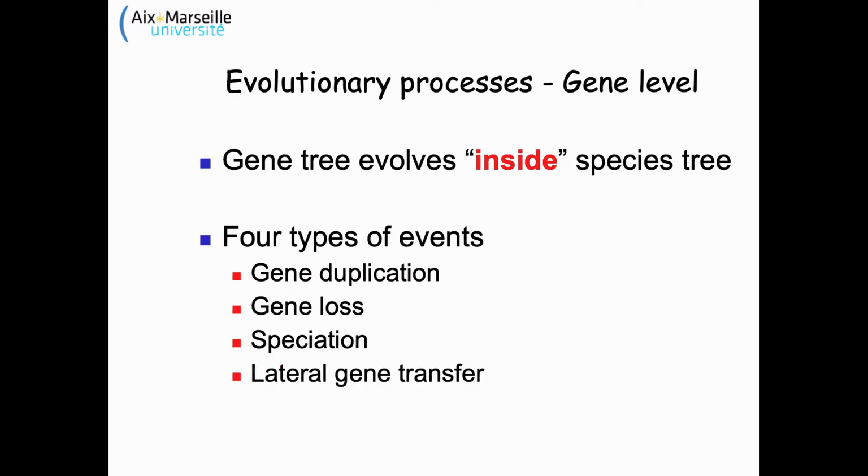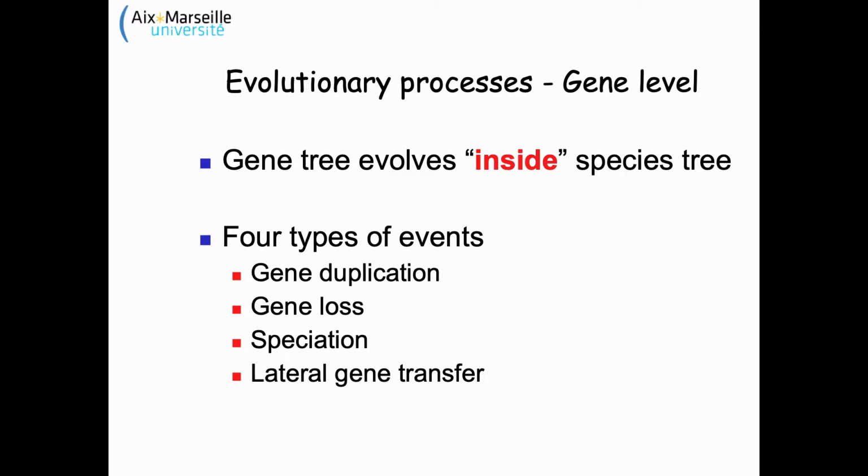And then inside the species tree, the gene tree evolves. Is it clear for everyone? You have the evolution of the species, but inside each species you have the evolution of the genes. So each gene in each species evolves also.